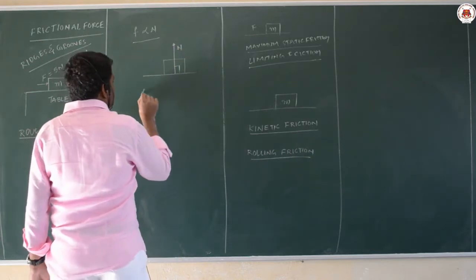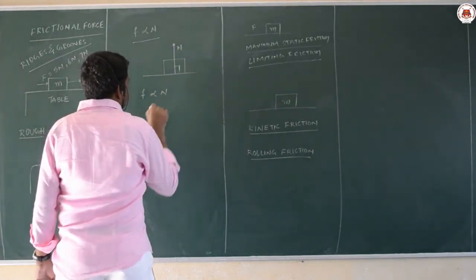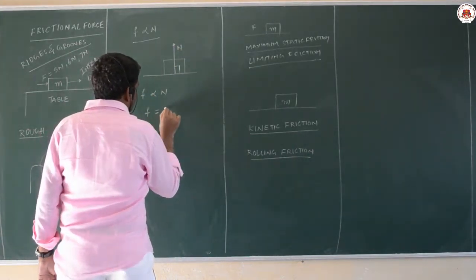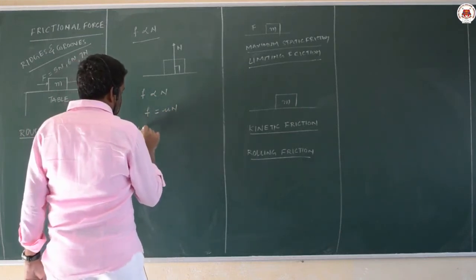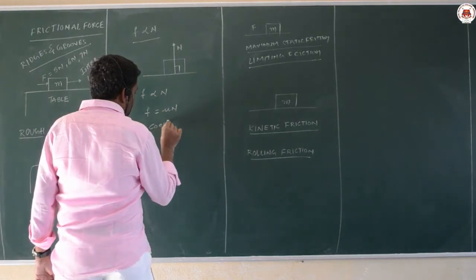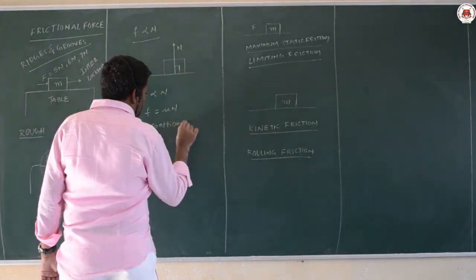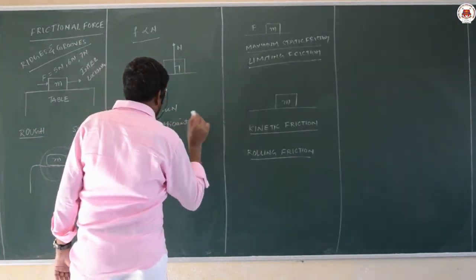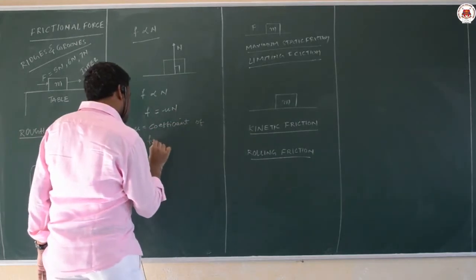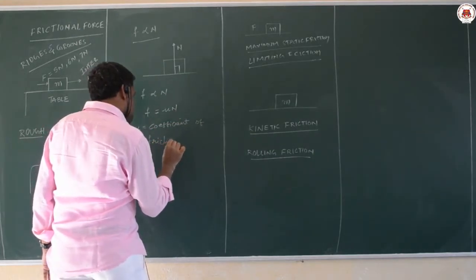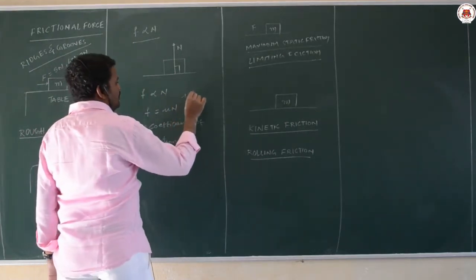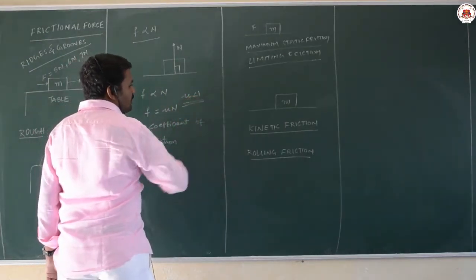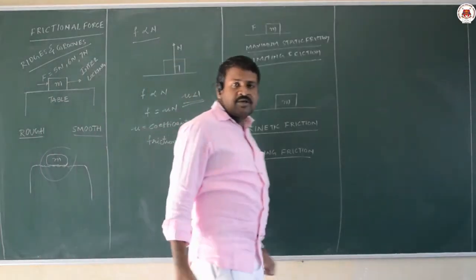And frictional force is proportional to normal reaction. Frictional force is equal to mu into N, where mu is called the coefficient of friction. Experimentally we have seen that it will be less than 1.